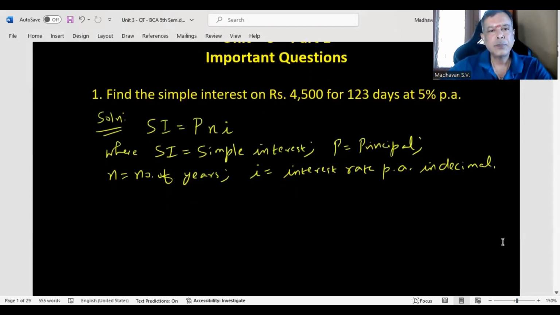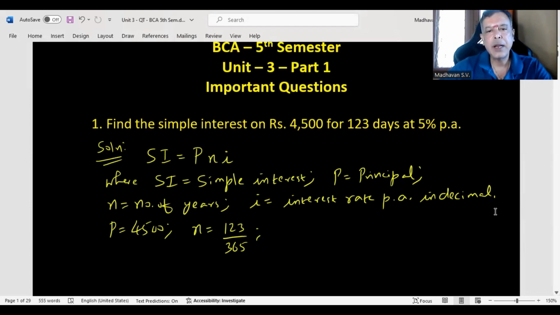So now we have in this question simple interest on rupees 4,500, which means our principal is 4,500. 123 days, that means N is 123, but we need to convert the days into year. So we'll divide it by 365. And then we have interest rate is given as 5% per annum.